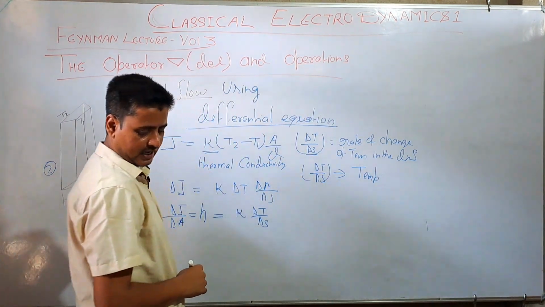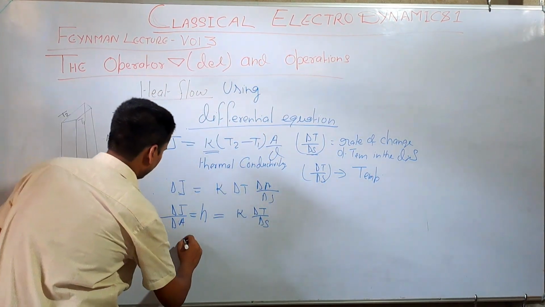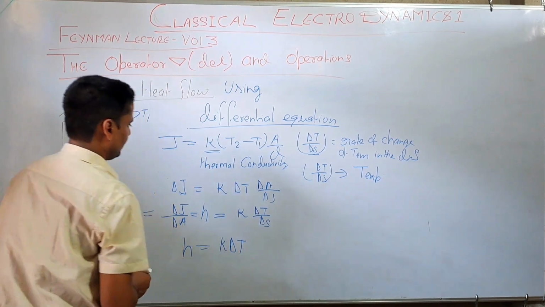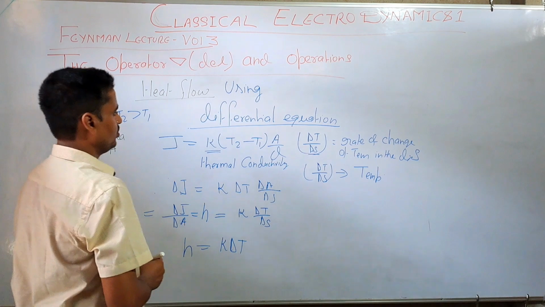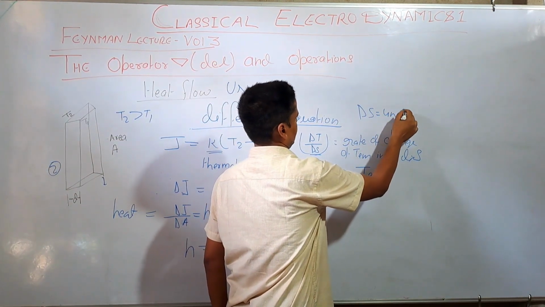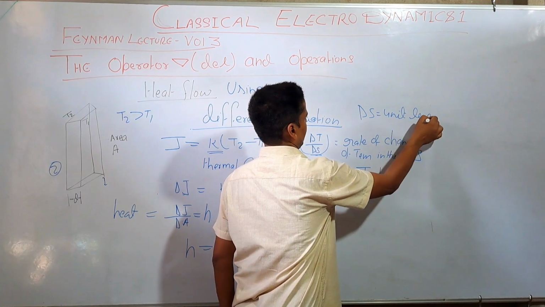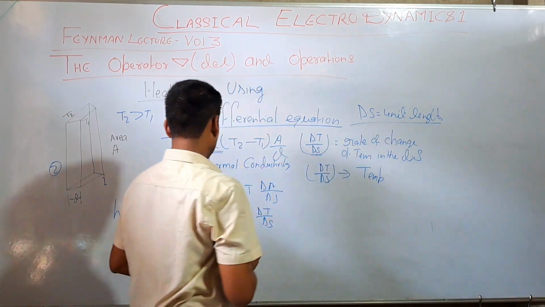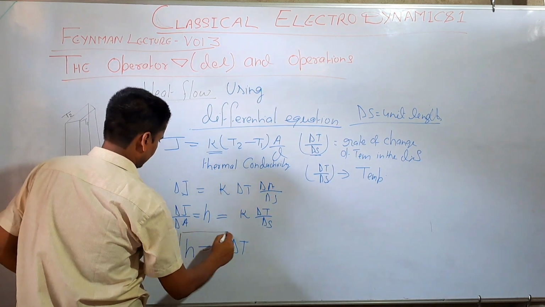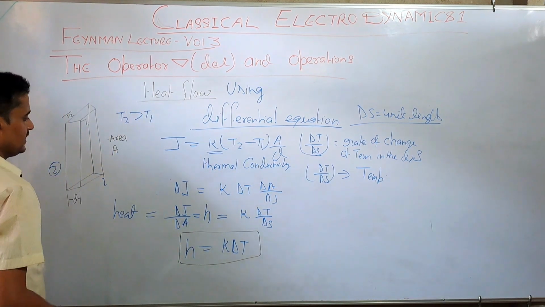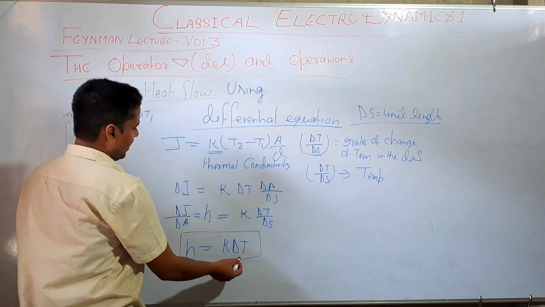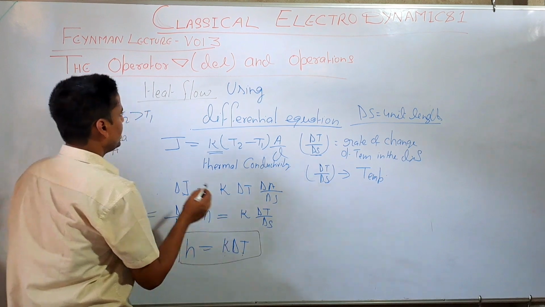It means we can write H equal to kappa del T, if we assume delta S has unit length, then H equal to kappa del T. It means heat flow is the coefficient of thermal conductivity multiplied by the change in temperature.